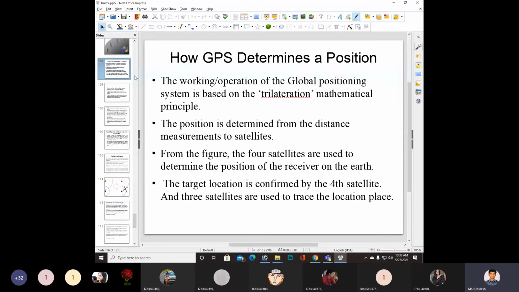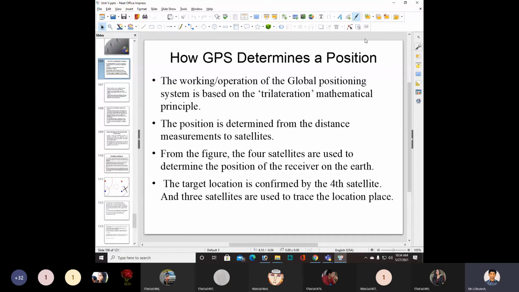The working and operation of the global positioning system is based on the trilateration mathematical principle.